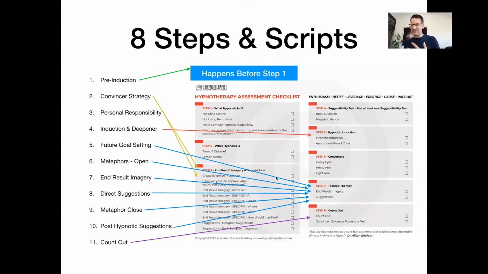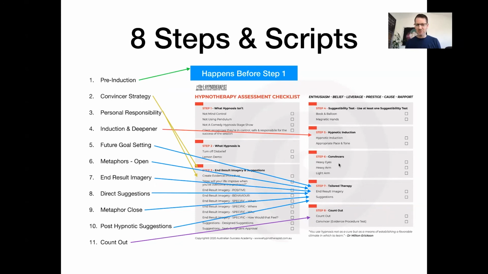The 8-step methodology does something that the script doesn't, and the script does something that the 8-step methodology doesn't. So if you blend the two, so blend convincer strategy and personal responsibility with step 3, you've got a really robust step 3, essentially. You then take them into hypnosis. So you've got the hypnotic induction, and there's a deepener in there as well.